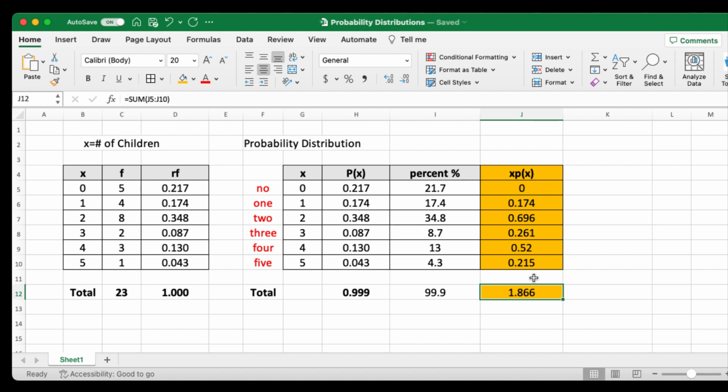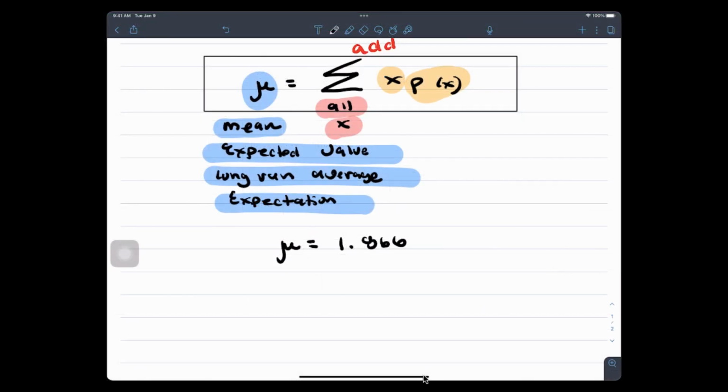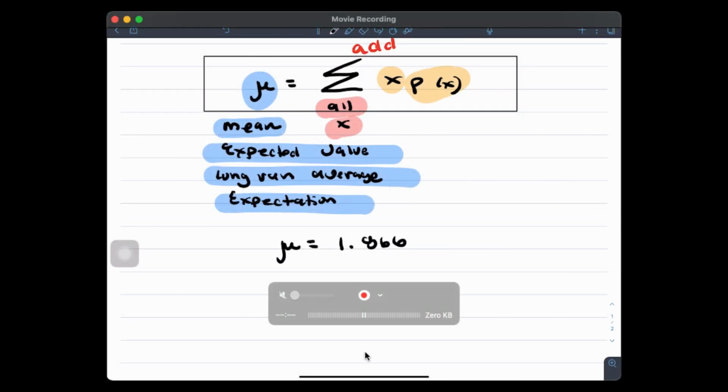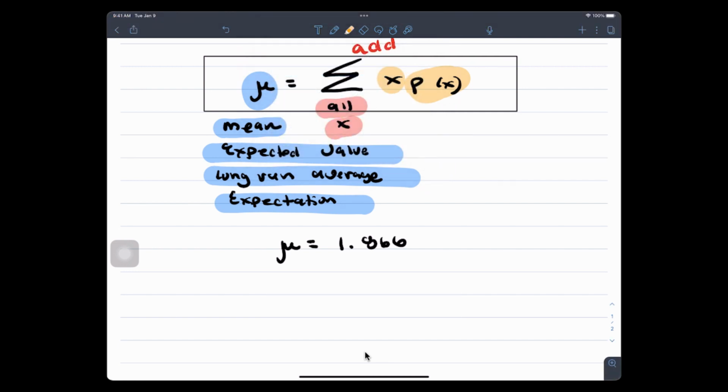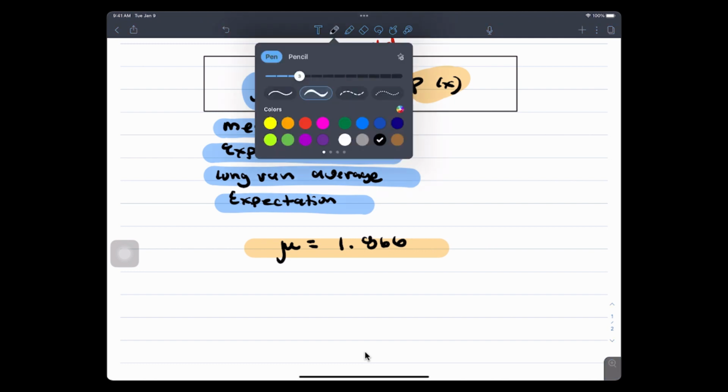So if I select a person at random, I can expect they're going to have about 1.866 children. This is gathering data on children, but you're looking at it as a probability distribution. And so now, ladies and gentlemen, what that even means is this. Mu, the Greek letter mu, is the number of children.